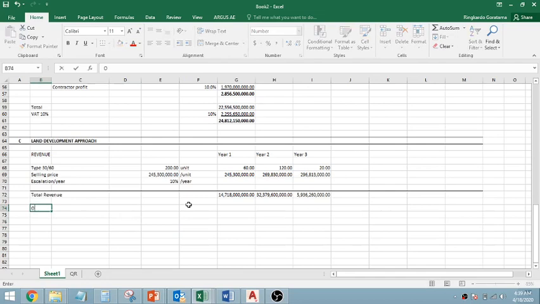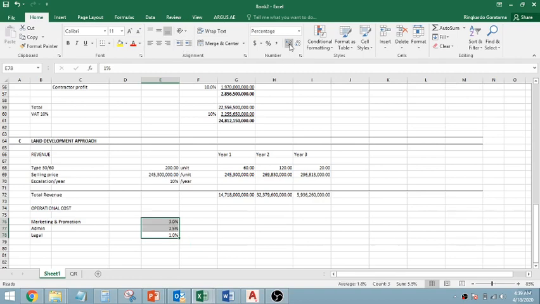Next thing is to calculate the operational costs. We put marketing and promotion, we can put administration, we can put legal costs. Let's say that the percentage for marketing is 3%, administration is 1.5%, legal is 1%.